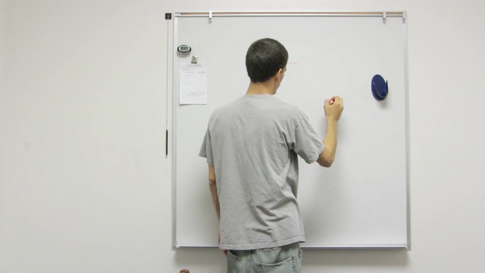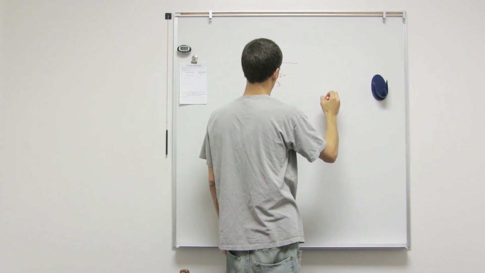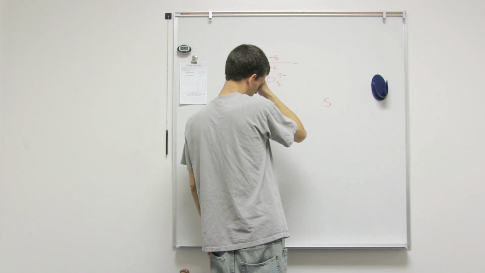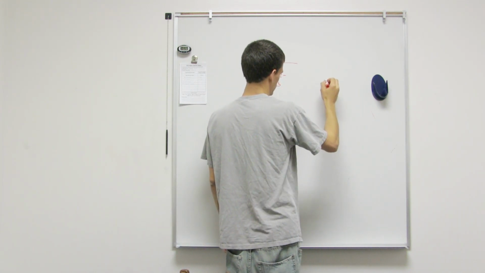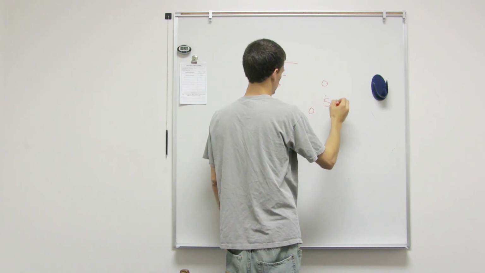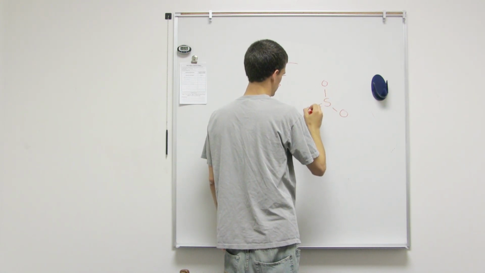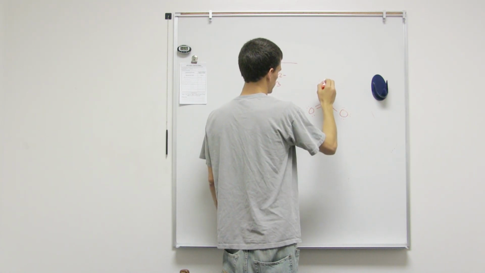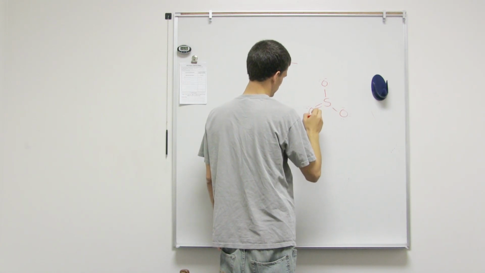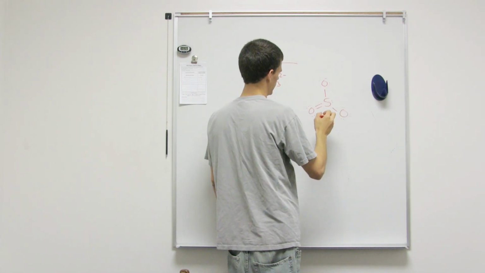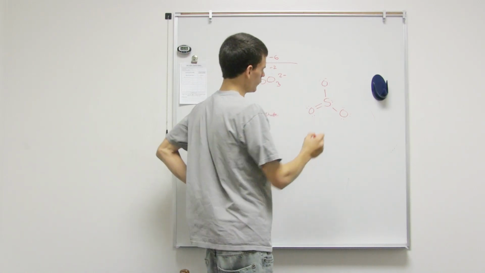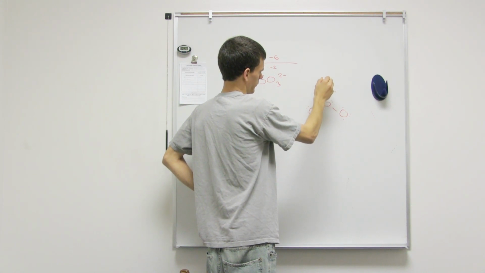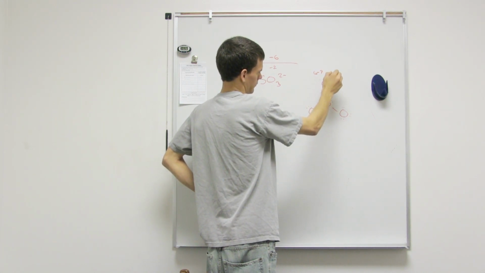You can also do it by Lewis structure: 6 times 4 is 24, plus 2 is 26 electrons. With formal charge, you split bonds evenly and count. So this oxygen has 7, and 6 minus 7 is -1.